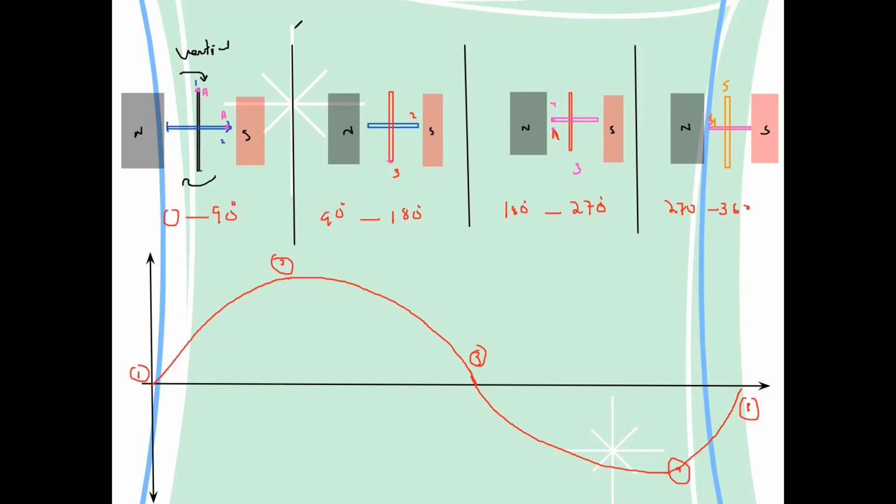Look, the last two, what happened? If we say this coil was having side A and this is side B, when we were rotating, first side A was moving closer to south. But now, when it is rotating, side A is moving closer to north.